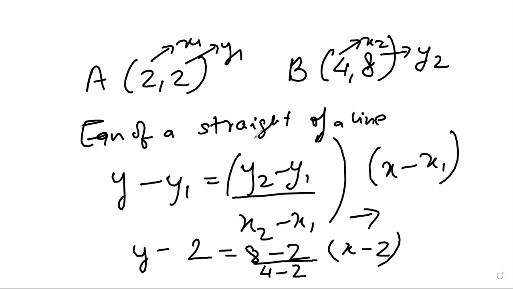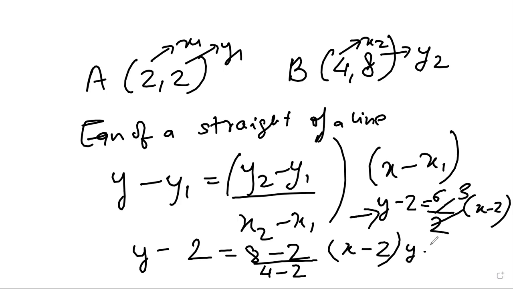You will get y minus 2 equals 6 upon 2, that is 3, times x minus 2. So y minus 2 is equal to 3x minus 6. Solving further, you take y to that side and get 3x minus y equals 4. So this is our equation of a straight line.